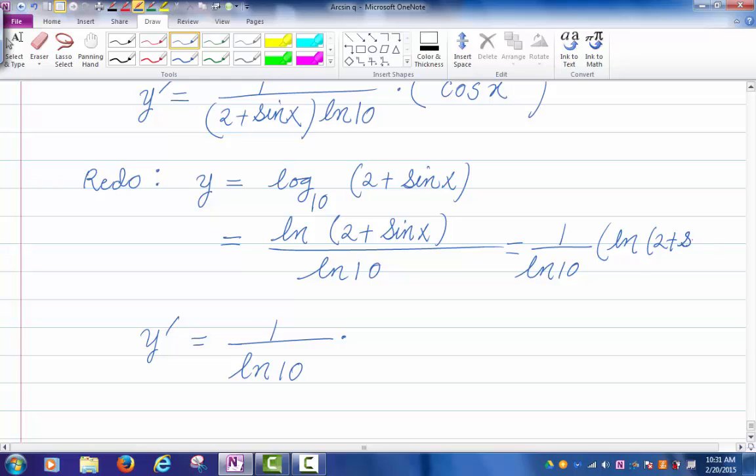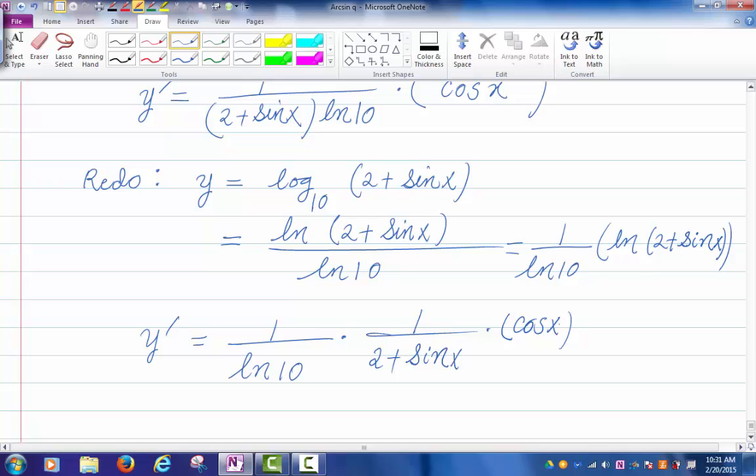2 plus sine x. Right? So ln of 10 is just a constant, so the derivative would be this. 1 over ln of 10, and what's the derivative of ln of something? We know that. ln of something would be 1 over that something, 2 plus sine x. And then I have to multiply by the derivative of that something, which is cosine x. Okay, you get the same answer either way.